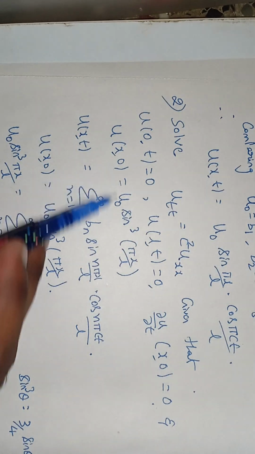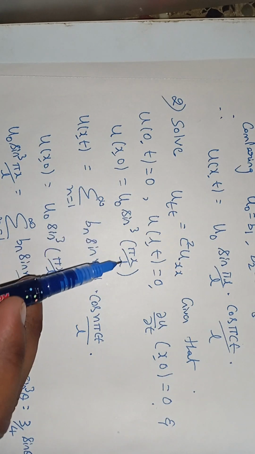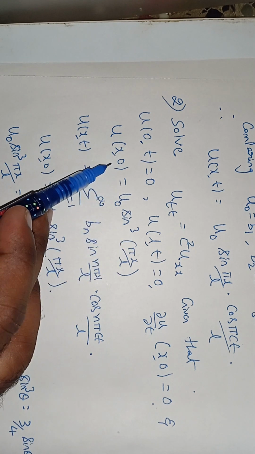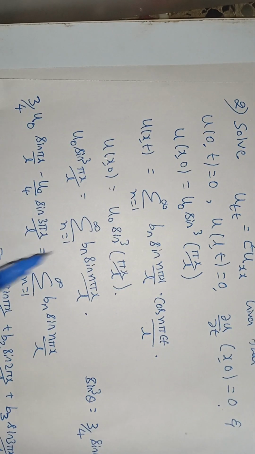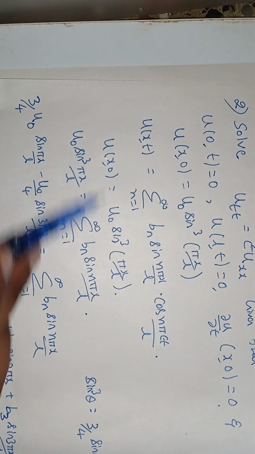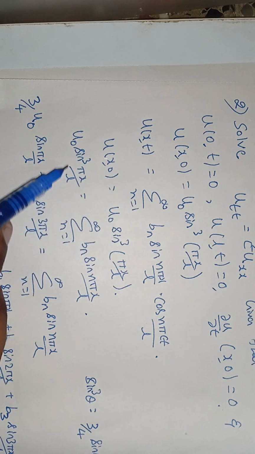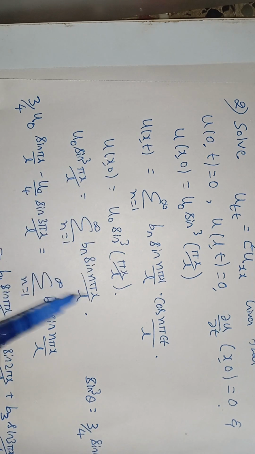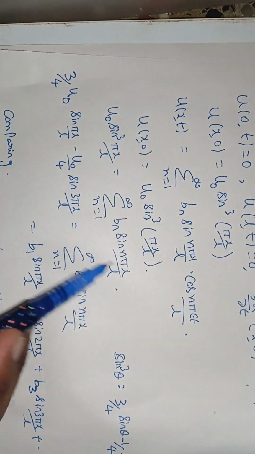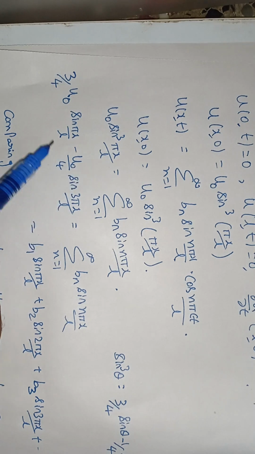And the last condition you have to use as u of x comma 0 as u0 sin cube pi x by l. That means when t is 0, this is the value. So we have substituted, but since you have sin cube here, I have to convert this RHS, bn sin n pi x by l. So this LHS has to be converted.